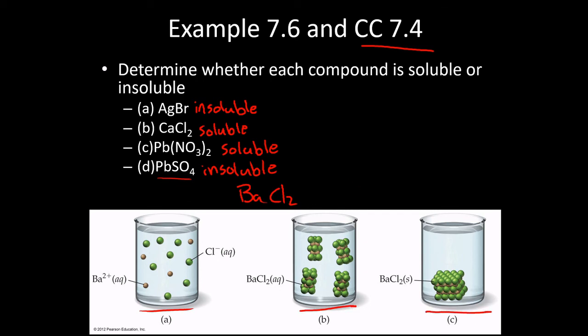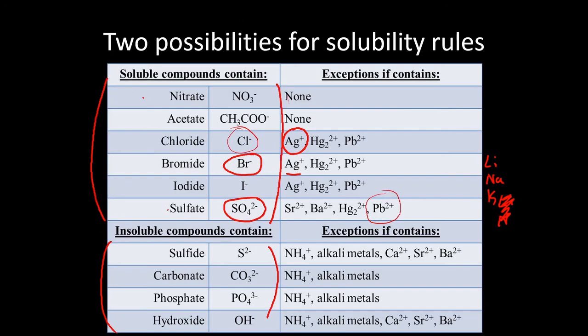I can tell you right off the bat, it's not this one, because barium chloride doesn't exist in chunks like that, unless we happen to put this barium chloride in a blender before we put it into the solution. So it's either going to be this one or this one, depending on if it is soluble or not. So if we go back and check, it was barium chloride.